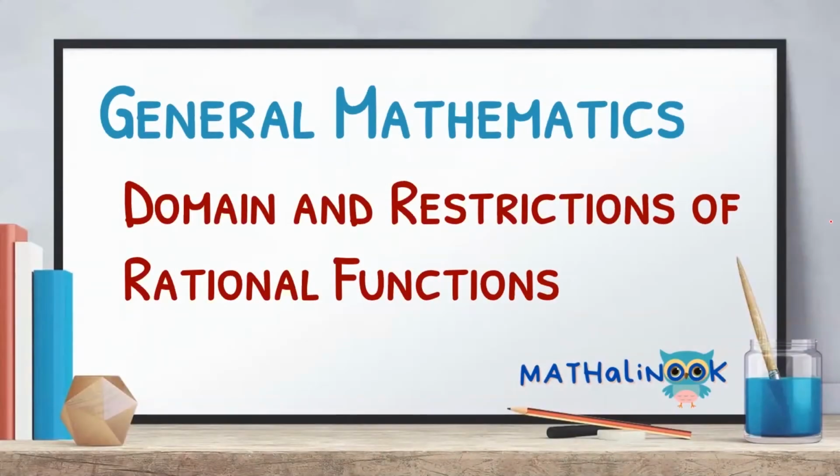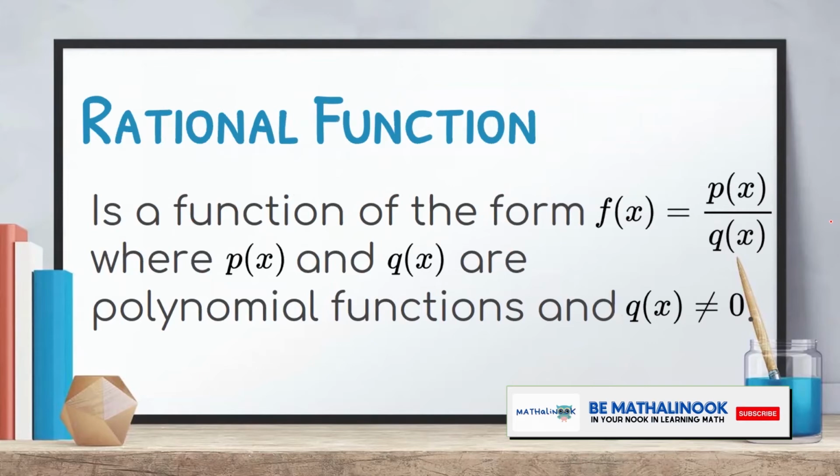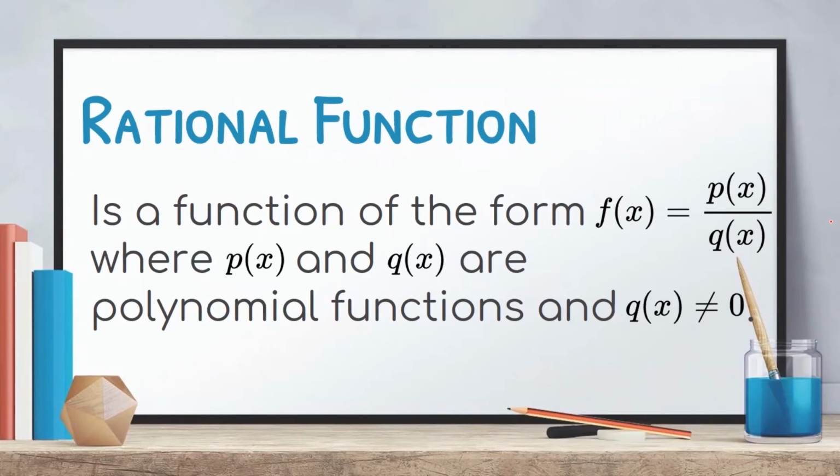Good day, everyone. In this video, we will discuss the domain and restrictions of rational functions. We have defined the rational function as a function of the form f of x equals p of x over q of x, where p of x and q of x are polynomial functions and q of x cannot be equal to 0.